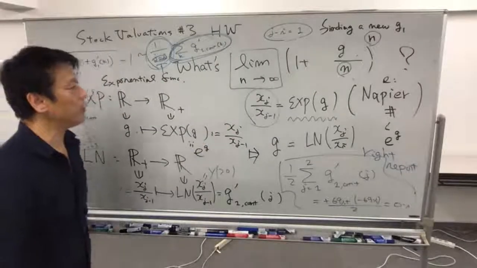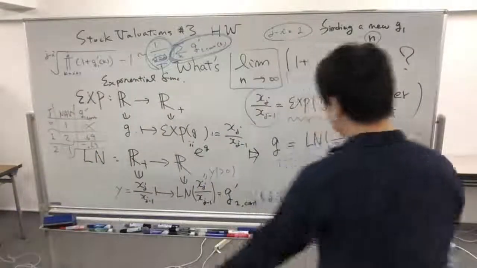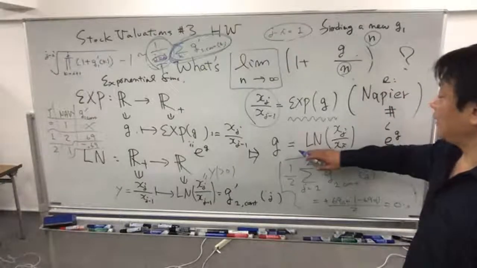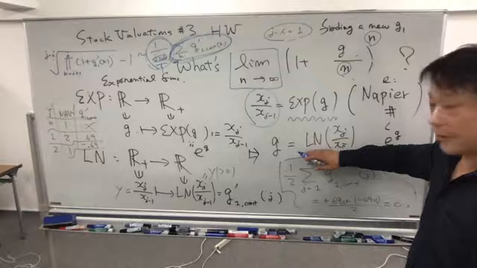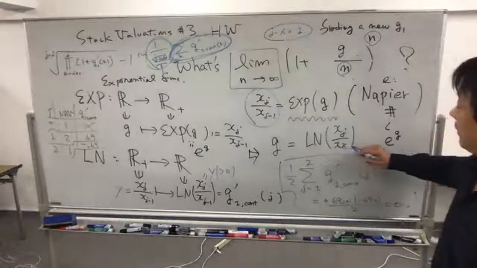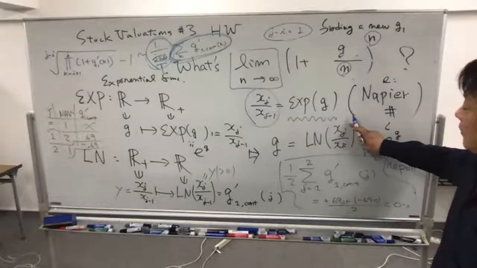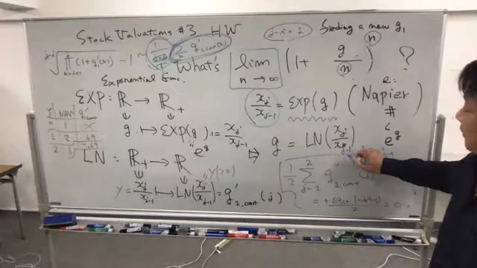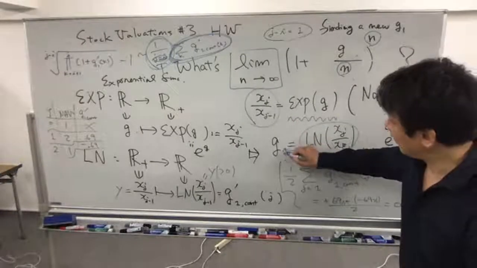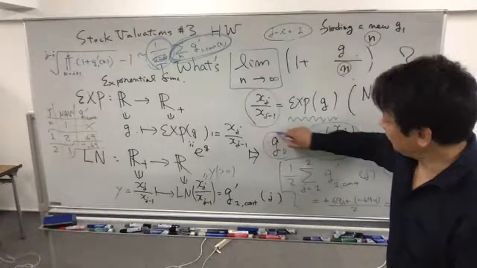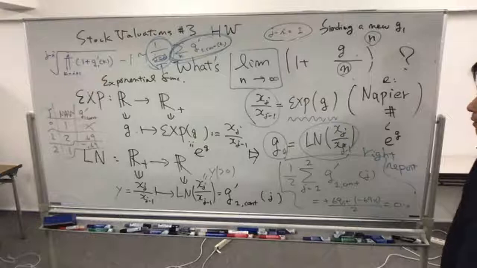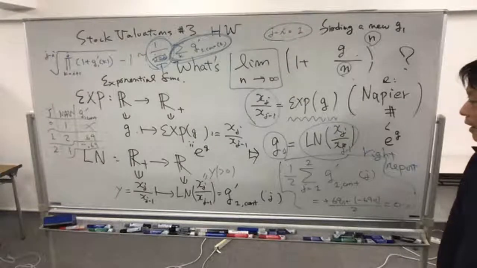And then what we do is, the answer is g. New g should be the natural logarithm, ln of xj over xj minus 1. This is the new g1. That's the answer for this homework.